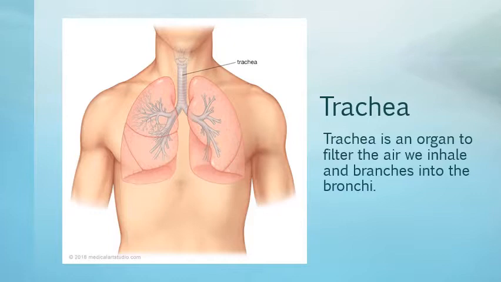Although the air has been filtered in the nose, again the trachea filters it, because in the trachea there is a tiny hair like in the nose, which is called cilia. And then on the lower part of the trachea, it branches into two. The branches are called bronchi.